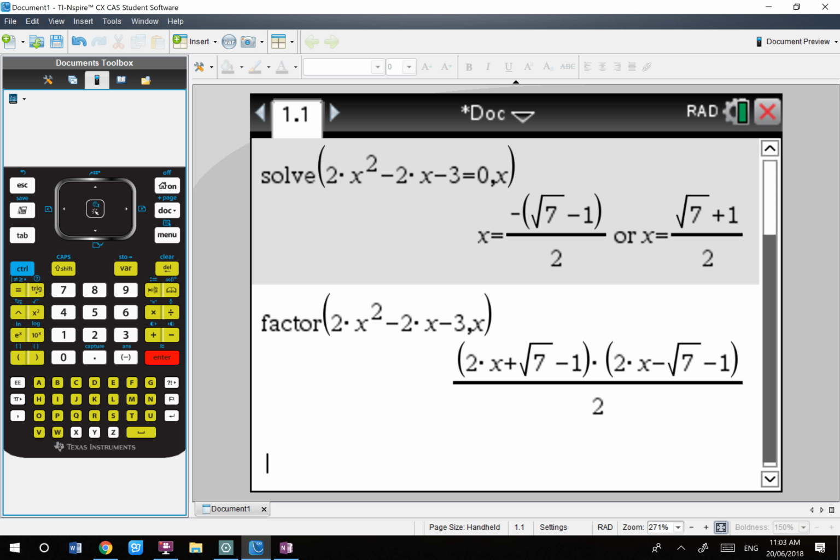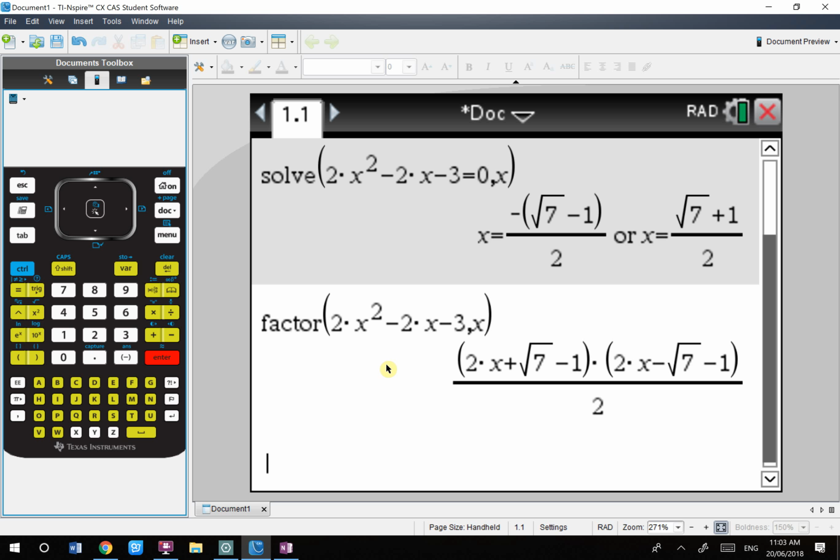It's factorized for you: a half times 2x plus root 7 minus 1 times 2x minus root 7 minus 1. Don't worry, it might be a little different from your notation, but it is exactly the same thing. The calculator sometimes gives a better looking form, but it gives the same answer.